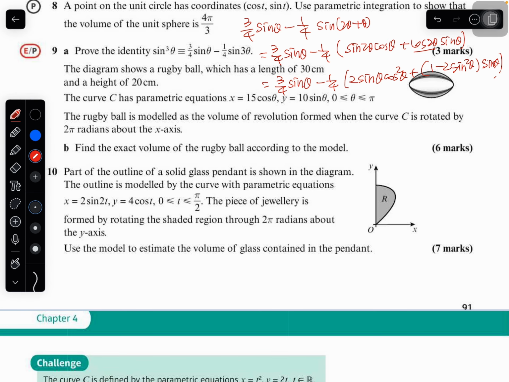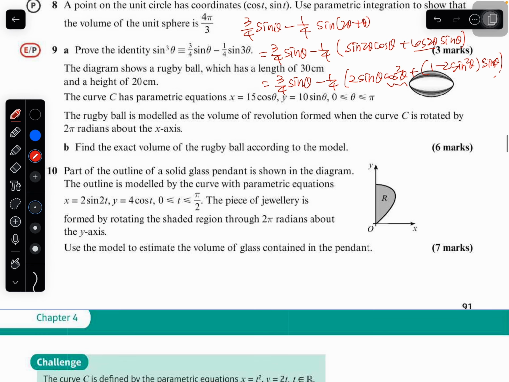Then cos squared theta is 1 minus sine squared theta. So 3 over 4 sine theta minus 1 over 4 times (2 sine theta minus 2 sine cubed theta plus sine theta minus 2 sine cubed theta).